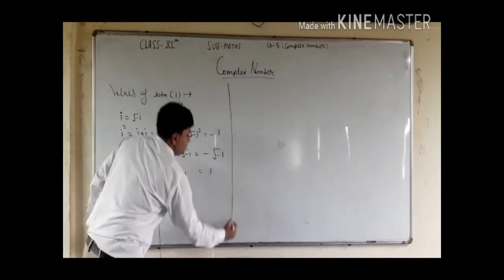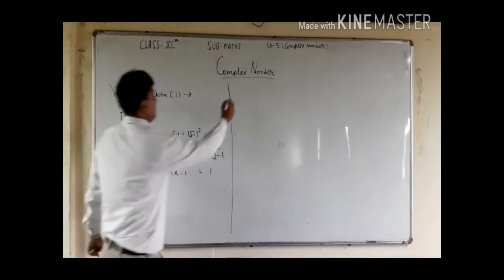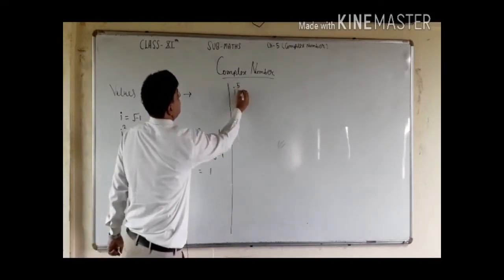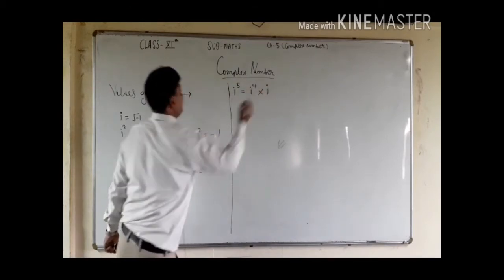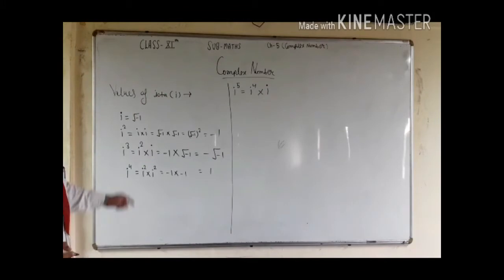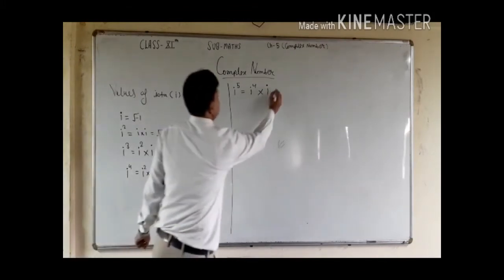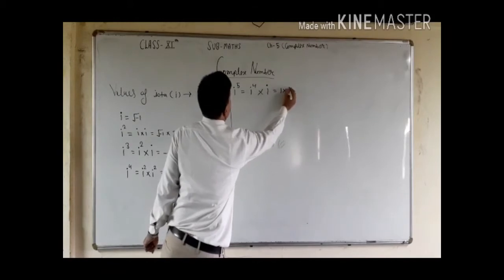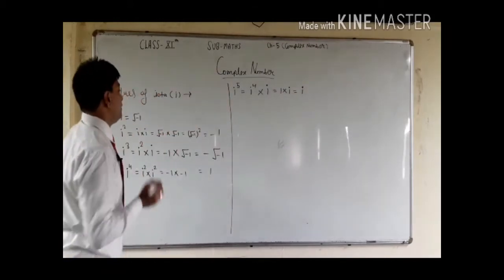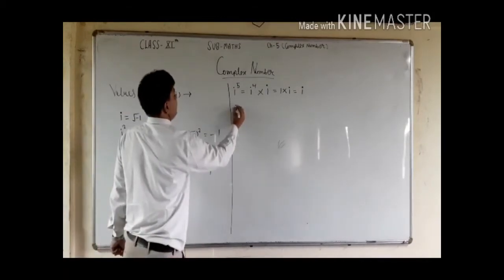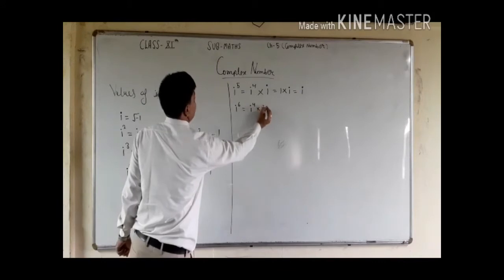Now we use this process again. Iota power 5 is equal to iota power 4 into iota, and we know that iota power 4 is equal to 1. So this is 1 into iota, so the answer is iota. Now iota power 6 is equal to iota power 4 into iota square.